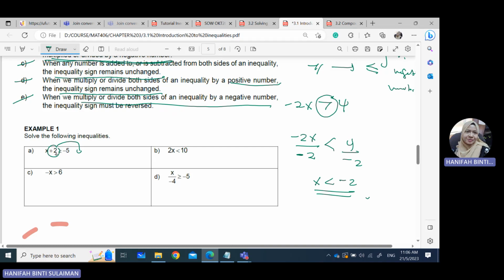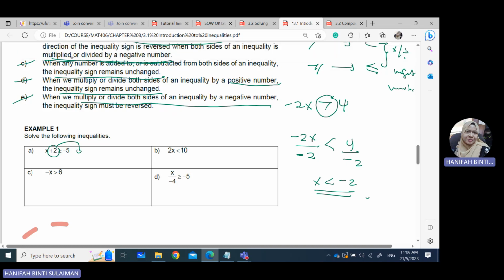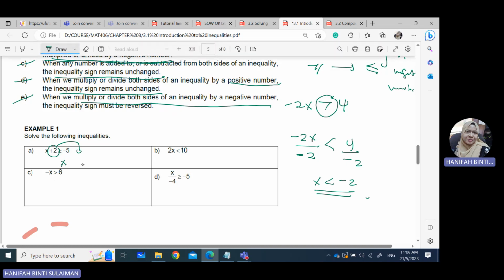Dia jadi macam tu sebab kita tolakkan dengan 2 di sebelah kiri dan juga di sebelah kanan. Okay. So, kita akan dapat x is greater than or equal to negative 5 minus 2. So the answer here is x is greater than or equal to negative 7.